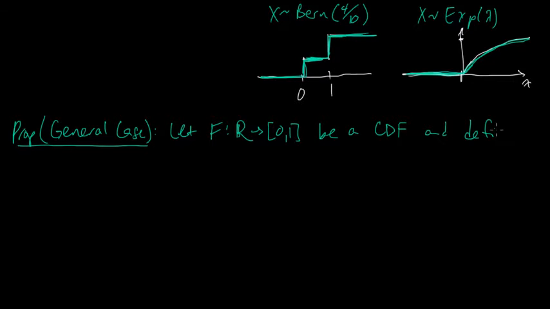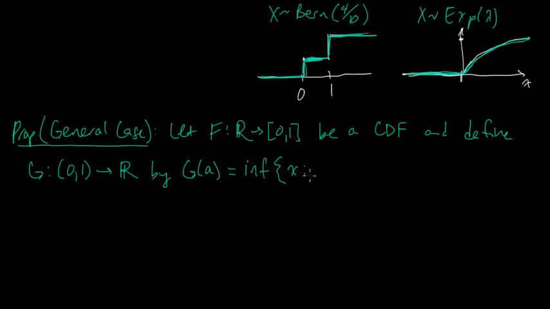And we'll define some function G, from the open interval (0,1) to the real numbers, by the following. G of a, for some number a in that interval, is the infimum of the set of all real numbers x such that a is less or equal to F of x.